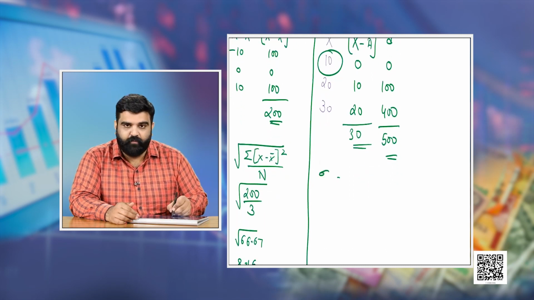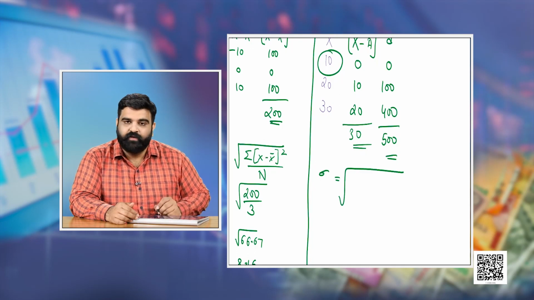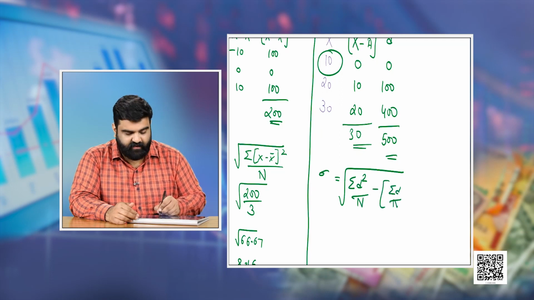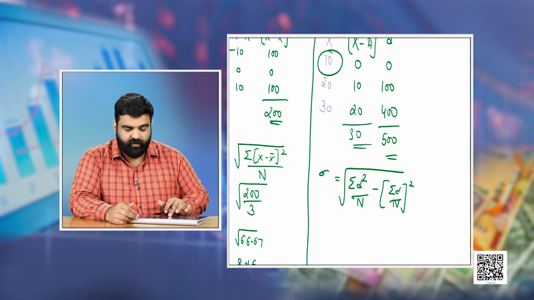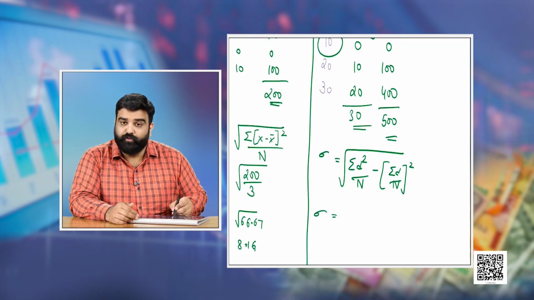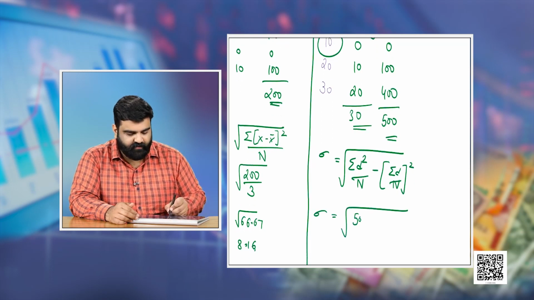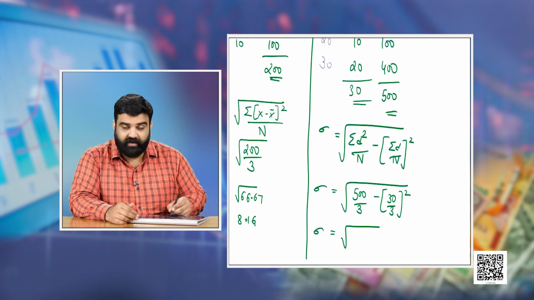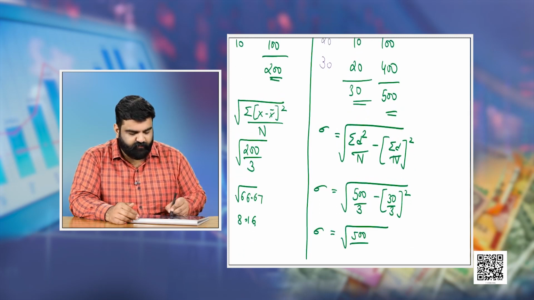Now, let us apply the formula using the shortcut method. So, the formula is sigma d square by n minus sigma d by n the whole square. So, let us put in the values. We have 500 by 3 minus 30 by 3 raised to the power of 2. So, while calculating this, we find that this will be 500 by 3, this will be 10 square.